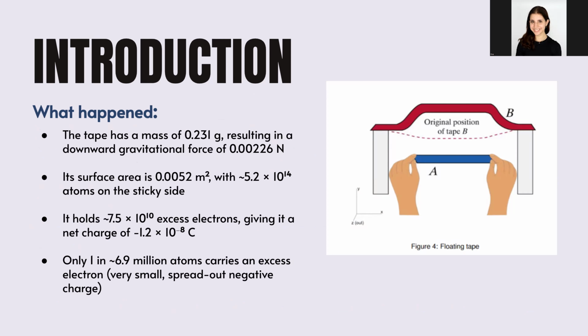The surface area is 0.0052 meters squared, with about 5.2 times 10 to the 14 atoms on the sticky side, and it holds about 7.5 times 10 to the 10th excess electrons. So this means it has a net charge of about negative 1.2 times 10 to the negative eighth coulombs. And only about 1 in 6.9 million atoms carried an excess electron. So it's a very small spread out negative charge.